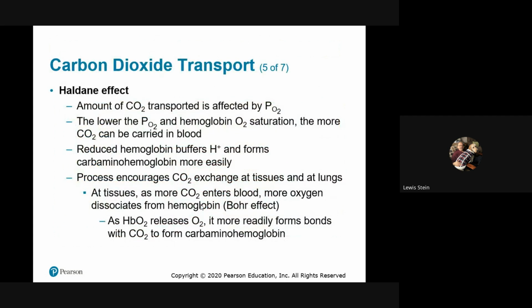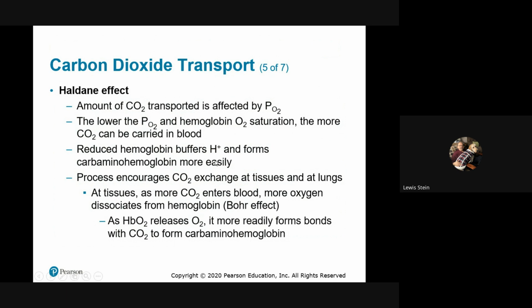And here's the Haldane effect. So we had the Bohr effect. The Haldane effect is a little bit different. The amount of CO2 transported is affected by PO2. The lower the PO2 and the hemoglobin oxygen saturation, the more carbon dioxide can be carried by the blood. The reduced hemoglobin buffers hydrogen ion and forms carbamino hemoglobin more easily.